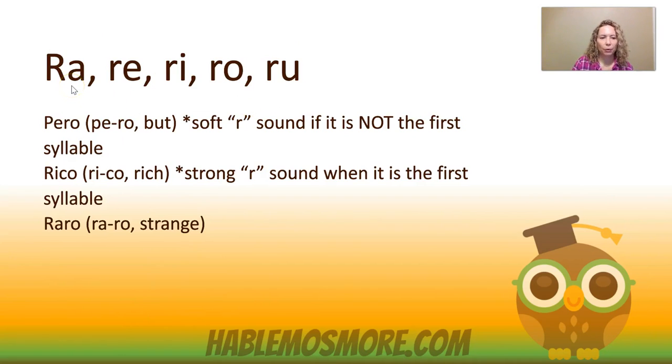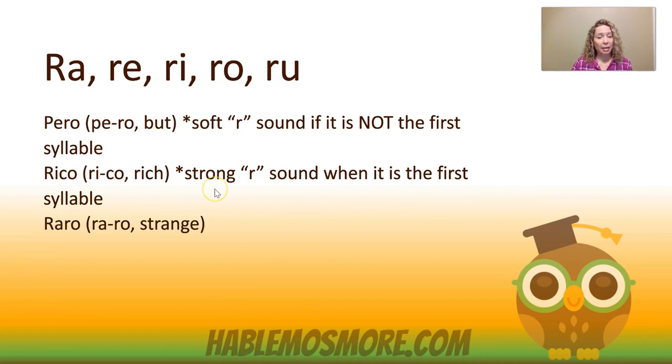So this is the way it works. When the R is inside the word, it's not the first syllable, then you do that soft R sound. So let's practice that. Ra, re, ri, ro, ru. Pero, which means but.